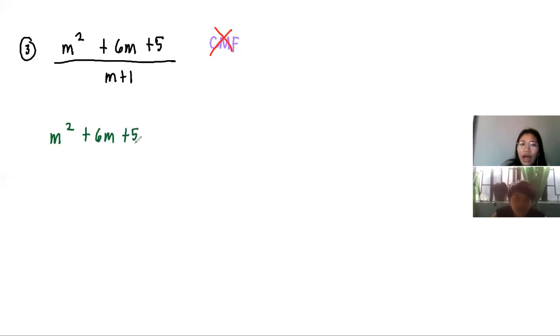Again, what are the factors of 5? 5 is equal to 5 times 1, if you still remember that one. And if you add 5 plus 1, it is equal to 6. So, these are the factors we will use: a positive 5 and a positive 1. Do you still remember this? When you multiply them, you get the third term.